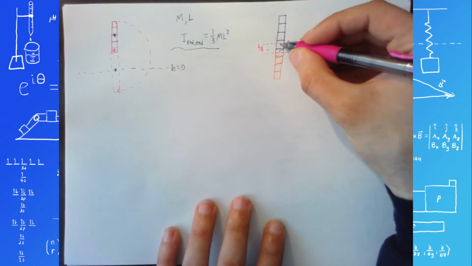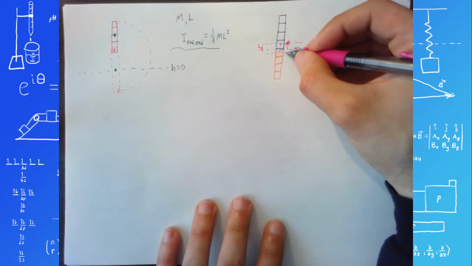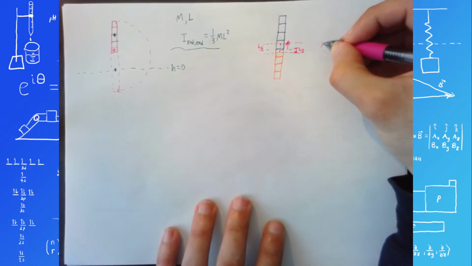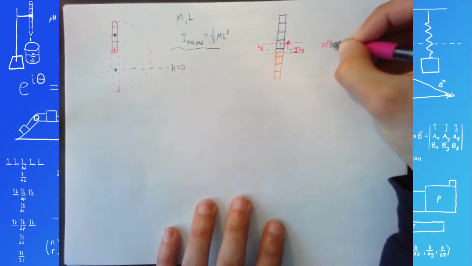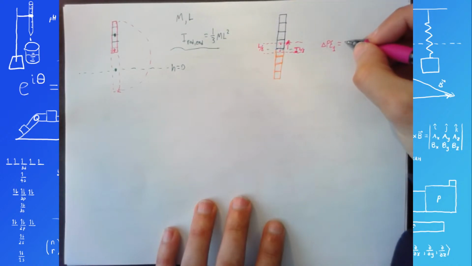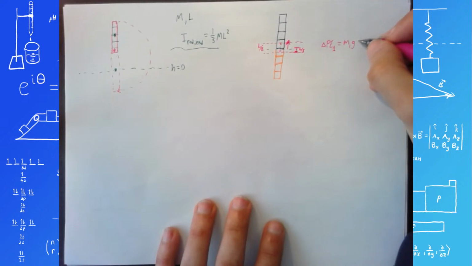So 1/4 of the mass went down by a distance of L over 4. So you could say delta potential energy of piece 1 is equal to M of piece 1 times G times delta H1, which is L over 4.